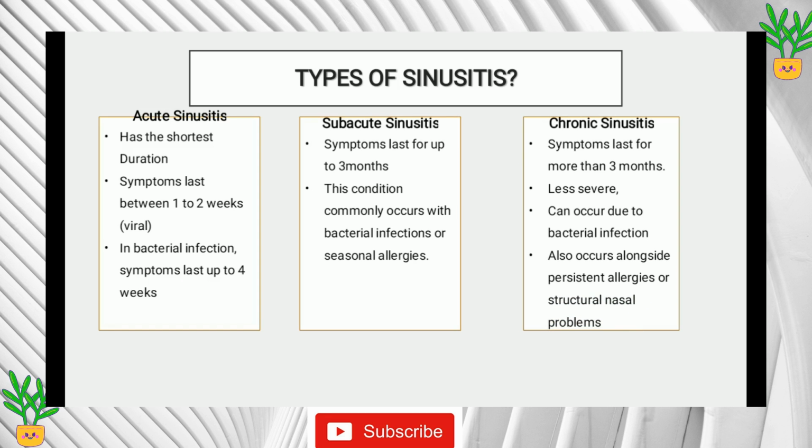Chronic sinusitis may also occur alongside persistent allergies or some structural nasal problems. So it can be viral infection, bacterial infection, or allergies and maybe some structural nasal problems as well.